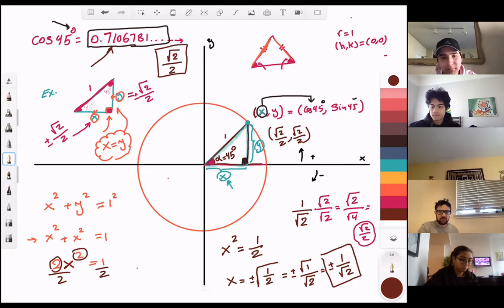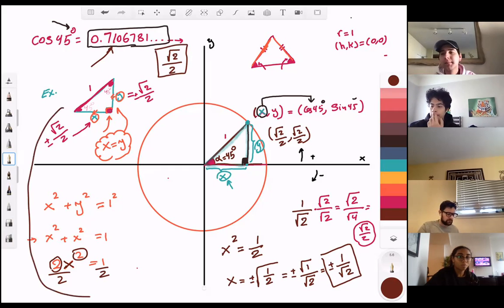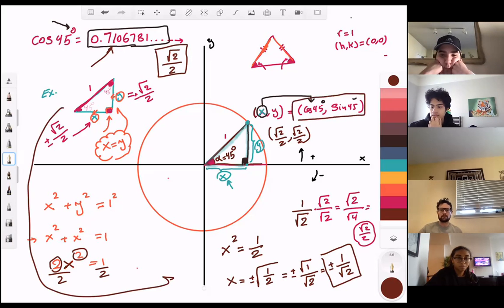You're not going to use a calculator, and you don't need to go through all this algebra. This was a proof. So from now on, everybody in this session knows sine of 45 and cosine of 45: the answer is root 2 over 2 and root 2 over 2. And if you go to the unit circle, you will see it is root 2 over 2, root 2 over 2.